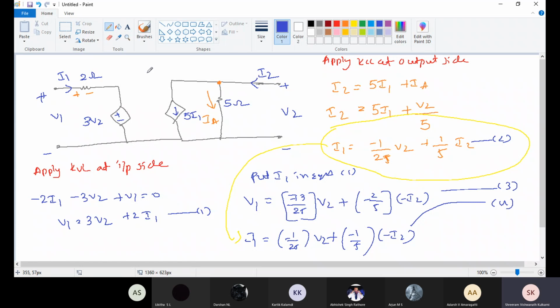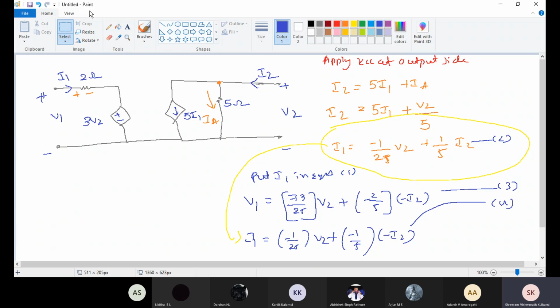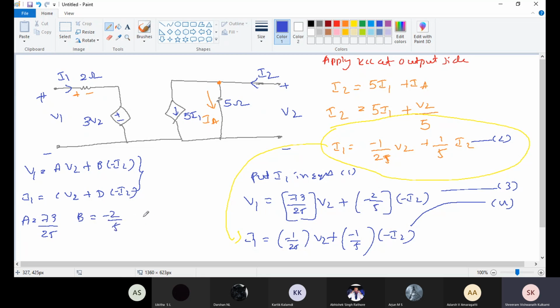What are the basic equations? V1 equals A V2 plus B into minus I2, and I1 equals C V2 plus D into minus I2. I am going to compare equations 3 and 4 with these two equations. I'll get A equal to 73 by 25, B equal to minus 2 by 5, C equal to minus 1 by 25, D equal to minus 1 by 5.